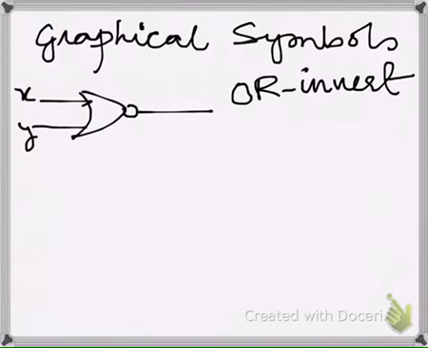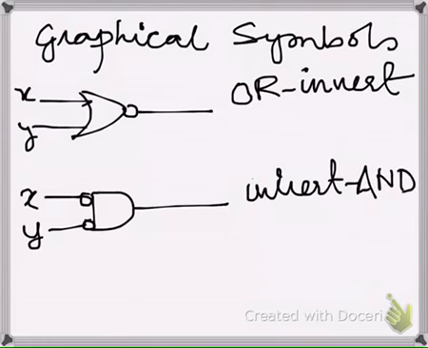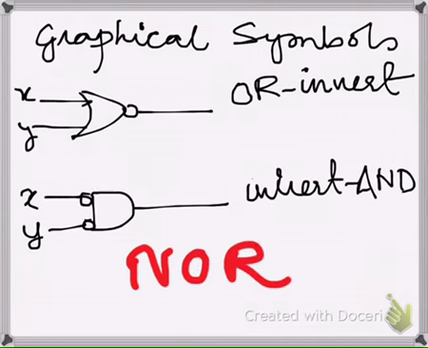Or I can write it like this: XY. This is known as invert AND. Important to remember, both of these are your NOR gates, so you can represent using either of the two notations.